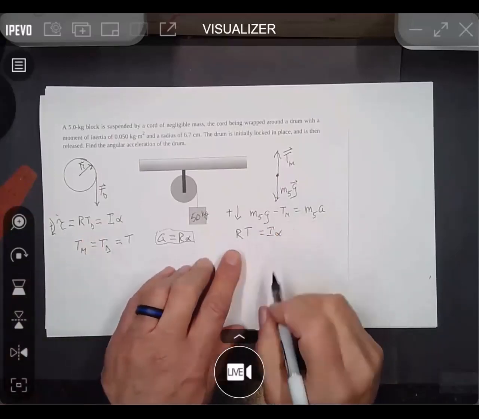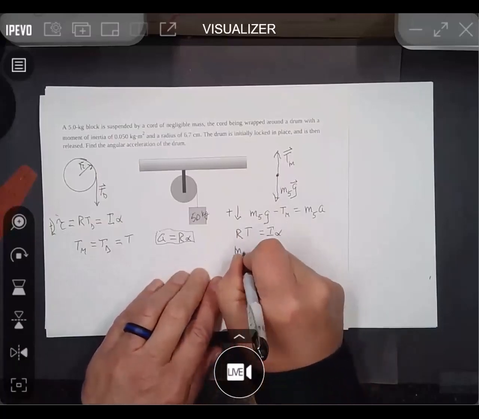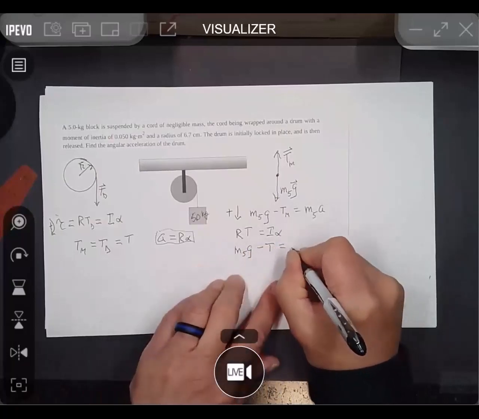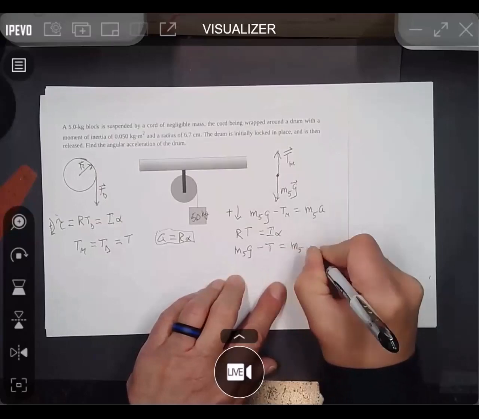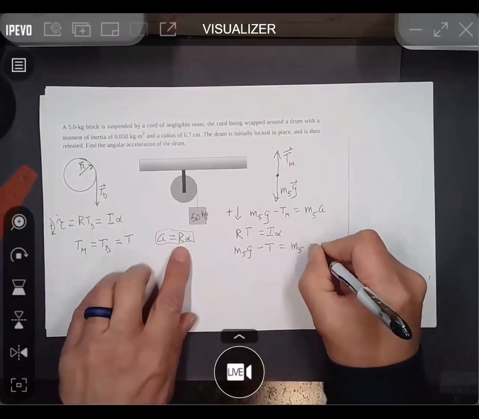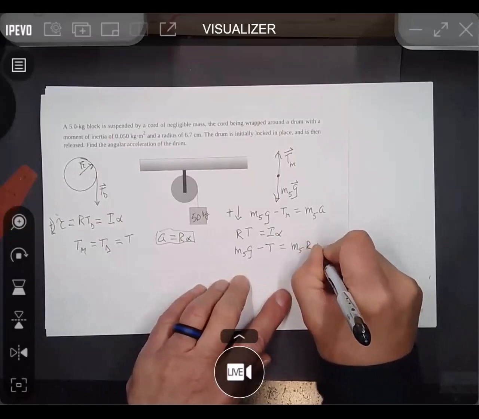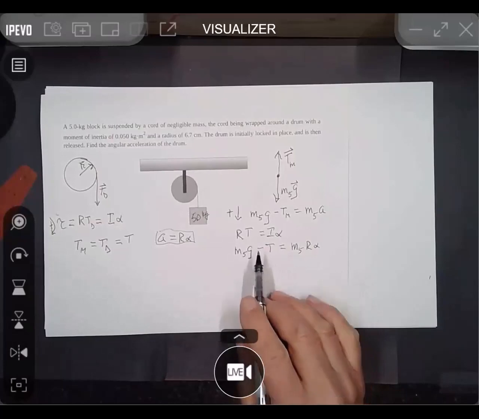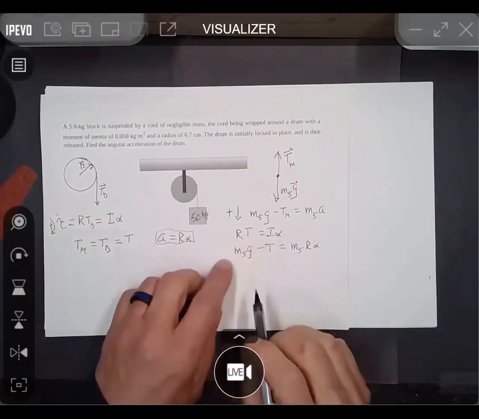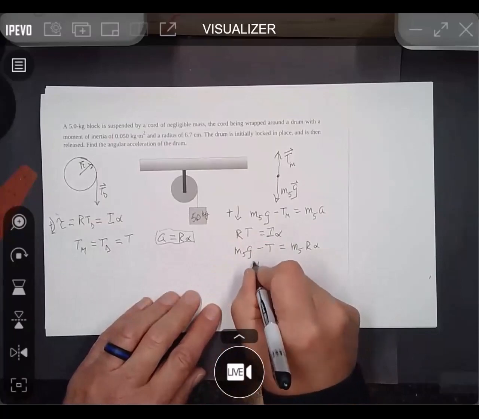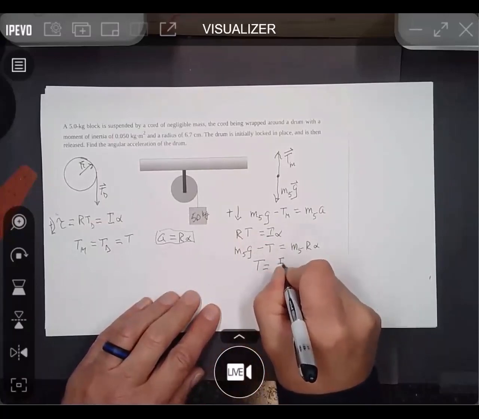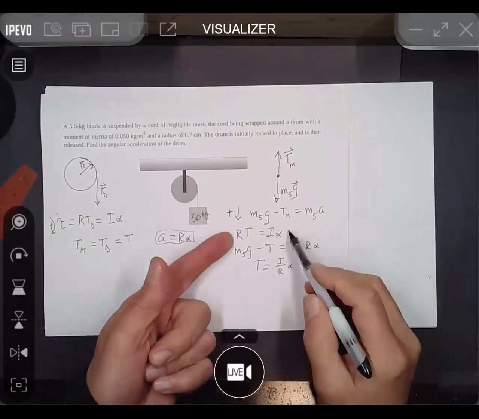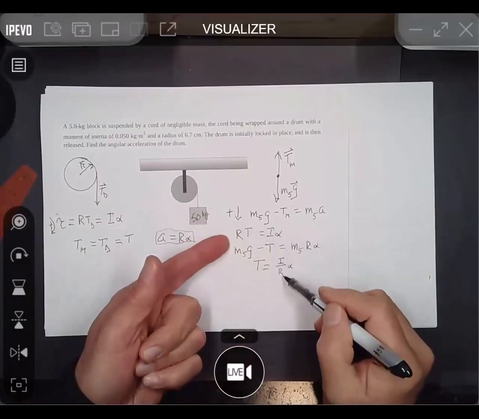And here I'll have M5G minus T is equal to M5A, but I'm going to write that as R alpha, M5R alpha. And if I divide both sides of this equation by R, I'll get T is equal to I divided by R times alpha. And that's still the same equation. I've just moved that R over there.